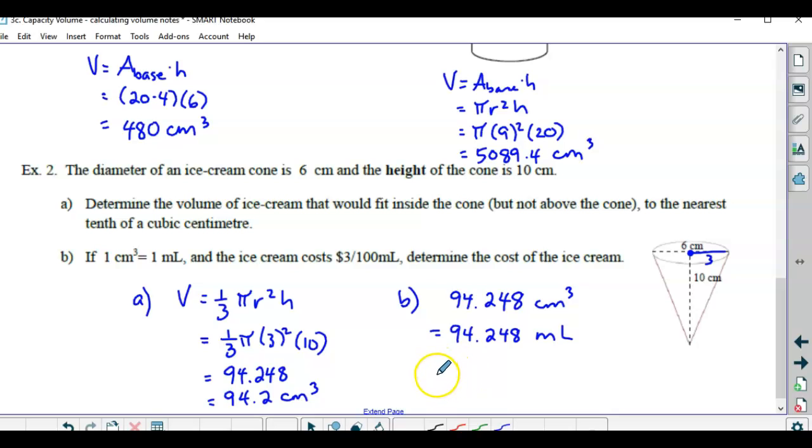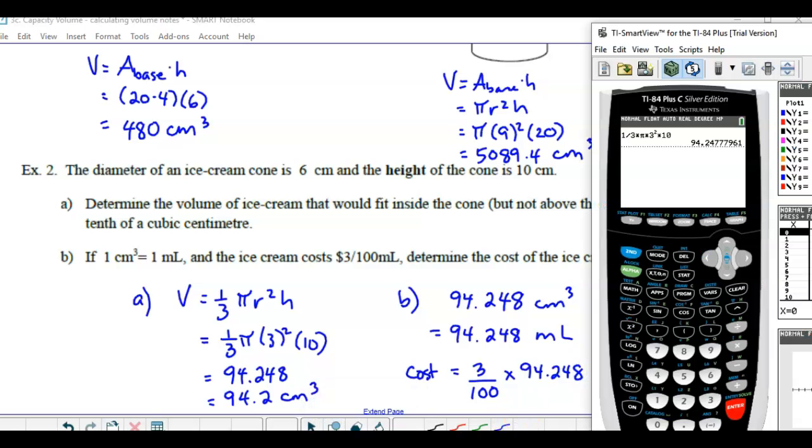So how are we going to figure this out? You could find the unit cost of this. So basically, for the cost, you could go 3 divided by 100, then times 94.248, or whatever's in your calculator.